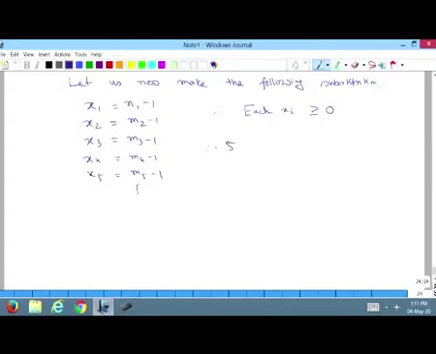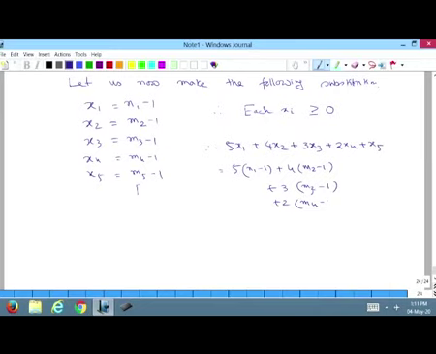Therefore, 5x1 plus 4x2 plus 3x3 plus 2x4 plus x5 is equal to 5 times (m1 minus 1) plus 4 times (m2 minus 1) plus 3 times (m3 minus 1) plus 2 times (m4 minus 1) plus (m5 minus 1), which is equal to 20 minus (1 plus 2 plus 3 plus 4 plus 5), which is 20 minus 15, equal to 5.